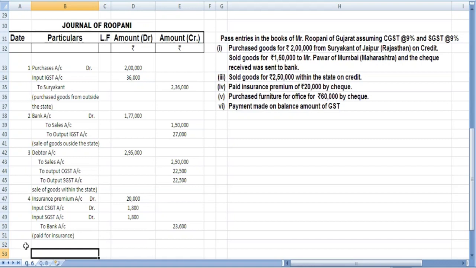Number 5, purchase furniture for office for 60,000 by check. So here purchased furniture for office.